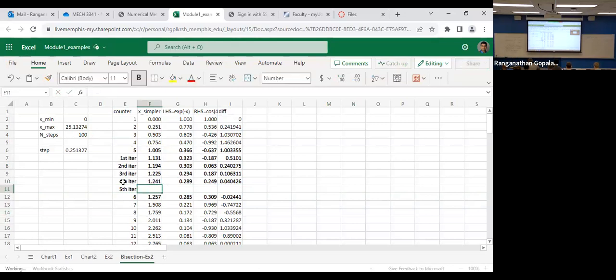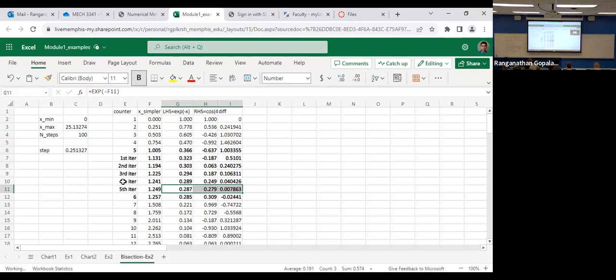Now the difference is actually very small, 0.007. The difference between the LHS and RHS is 0.007, whereas at 1.257, it's slightly negative, minus 0.02.